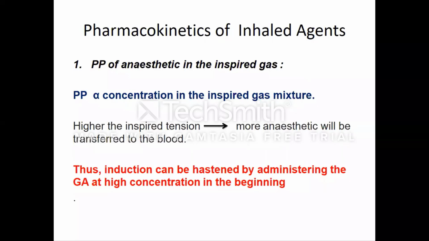If the partial pressure or inspired tension is higher, more anesthetic agent will be transferred from the alveoli into the blood, because it will move from high pressure to low pressure. So obviously it will move faster from alveoli into the blood if the inspired tension is high. Thus, you can speed up the induction by administering the general anesthetic at a very high concentration in the beginning, not throughout, only in the beginning, to have a good induction.